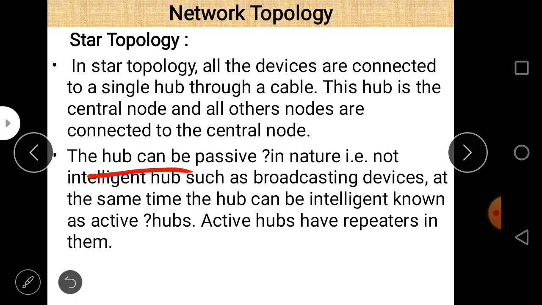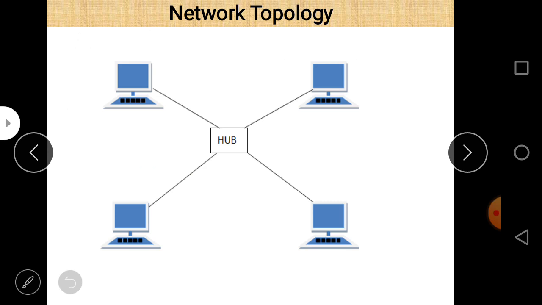At the same time, the hub can be intelligent, known as an active hub. Active hubs have repeaters in them, so an active hub also serves as a repeater. It means data can also be regenerated, but in a passive hub there is no such facility.